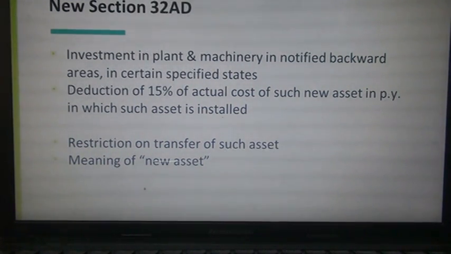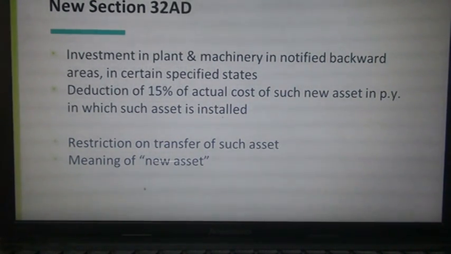32AD says that a deduction of 15% of the actual cost of such new asset which is acquired in the previous year in which such asset is installed will be allowed, provided this asset is investment in new plant and machinery and this particular asset is purchased for a business activity or for a business unit which is located in notified backward areas in certain specified states.